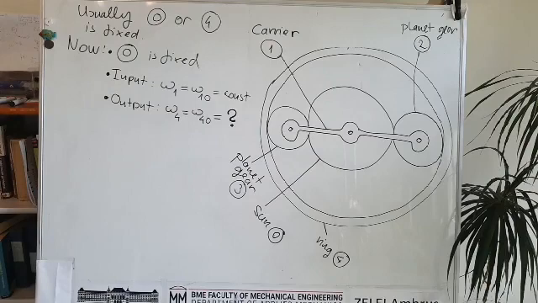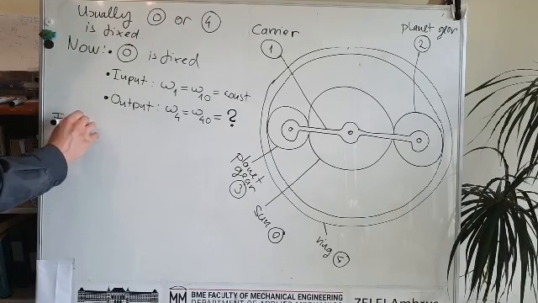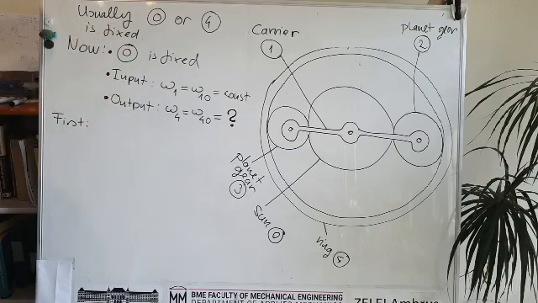Okay, and what we can do is to compute the output speed, and basically first we will apply this formula, the angular velocity ratio formula.